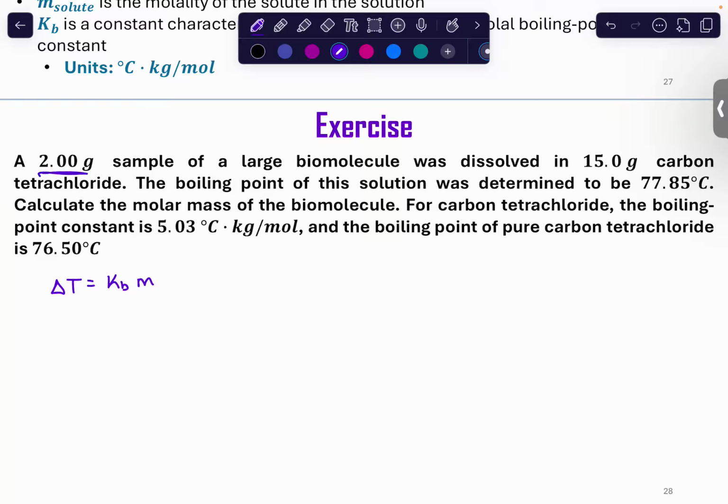As you notice, I already have 2.0 grams of the sample.